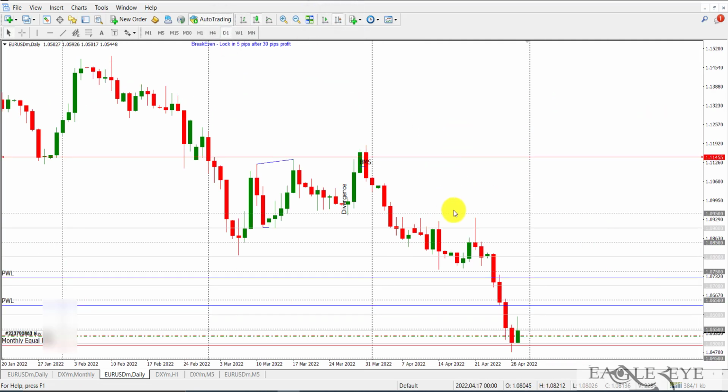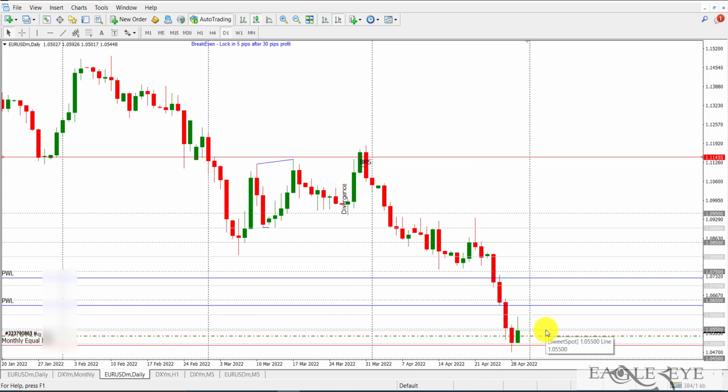This is the daily chart, and on the daily chart, price just dropped in there, by at most 25 pips, into that monthly equal low.